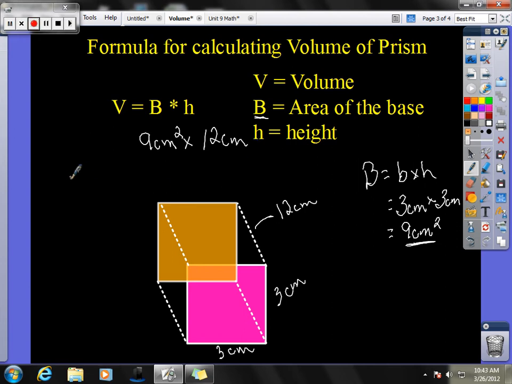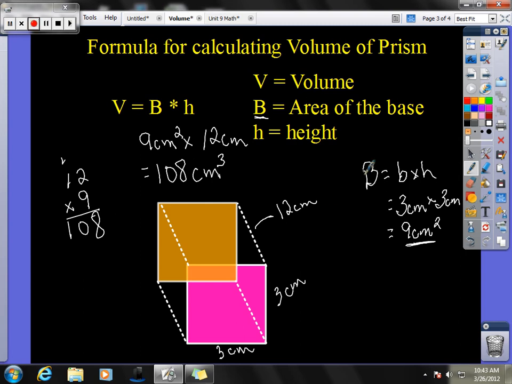Then I'm going to do the math. 12 times 9. 9 times 2 is 18, carry the 1. 9 times 1 is 9, plus 1 is 10. I get a volume of 108, and here's the important part, centimeters cubed, because centimeters squared times centimeters is centimeters to the 3rd power.